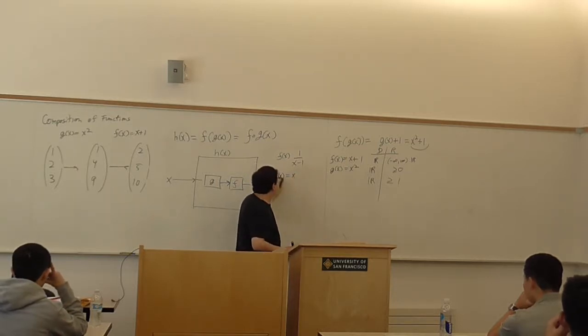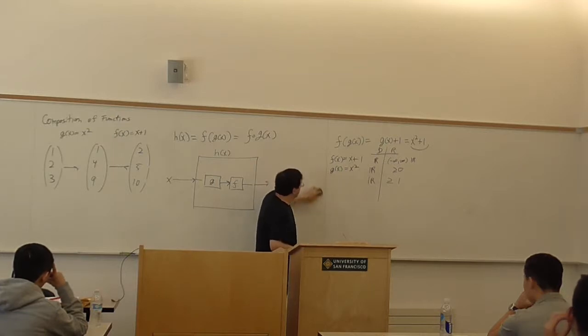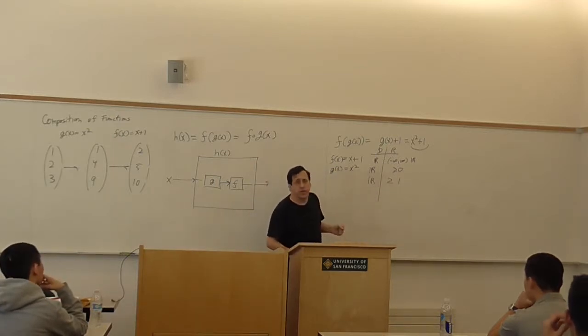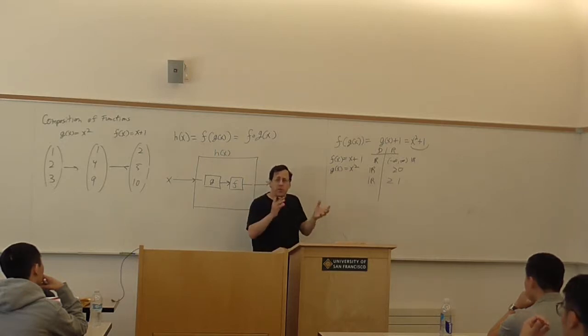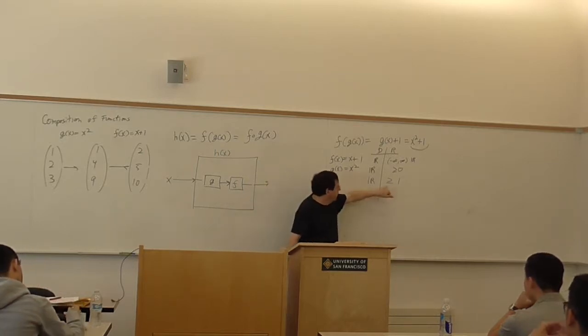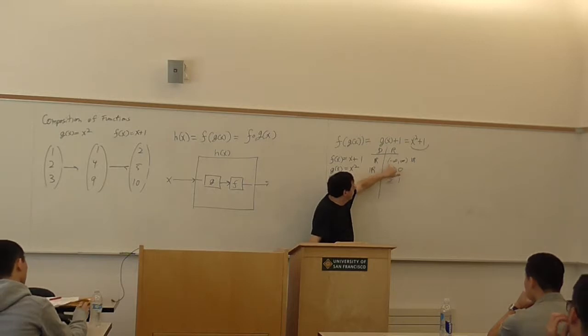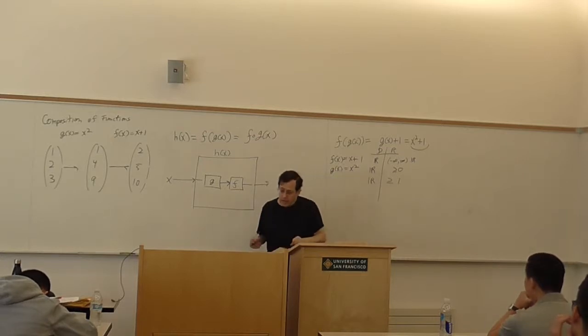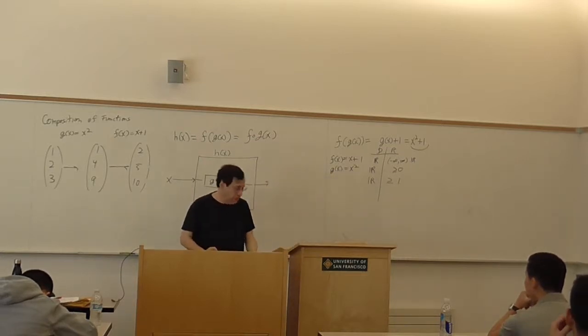So I guess the point I'm trying to make is you have to be really careful about the domain and range of your new function. The domain may get decreased. The range doesn't really seem to have much to do with either of these functions, does it? Let me give you an extreme example.